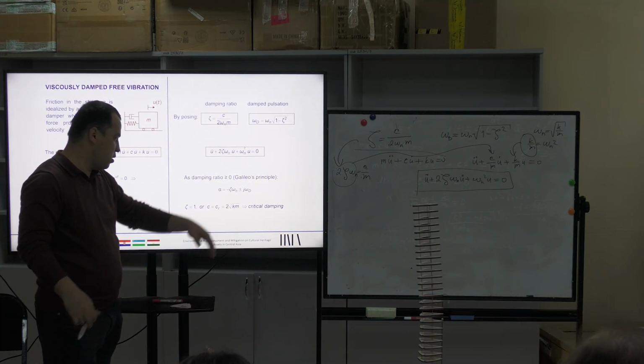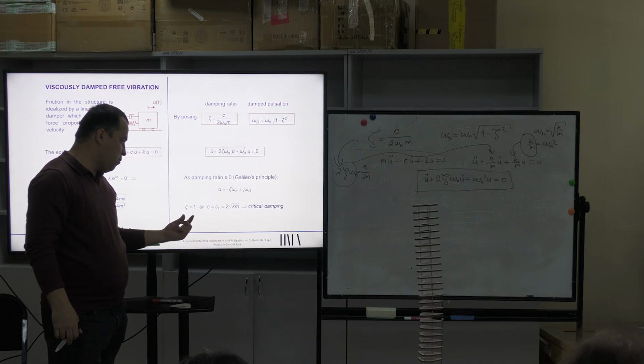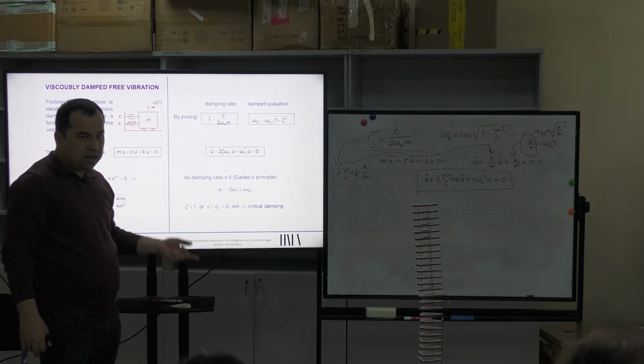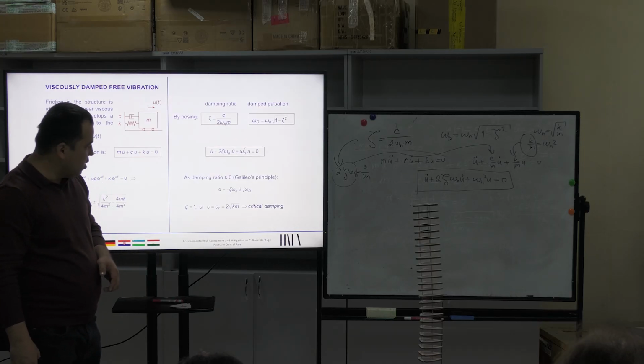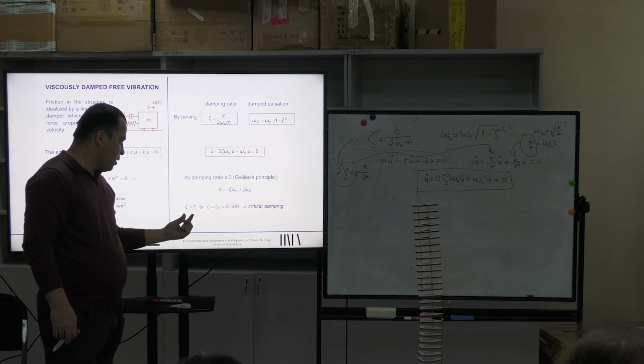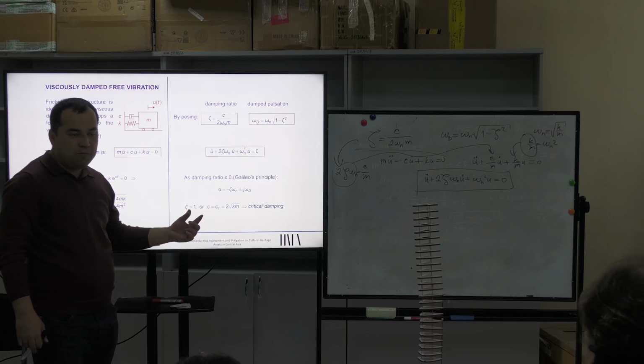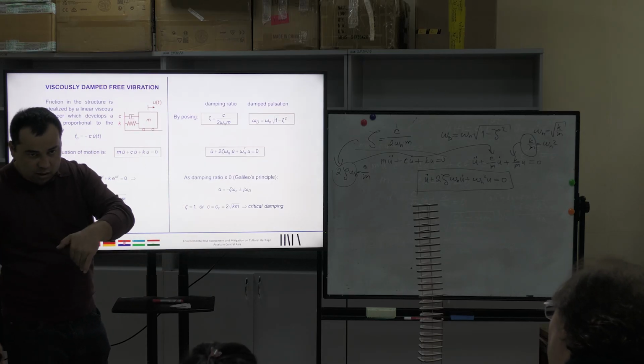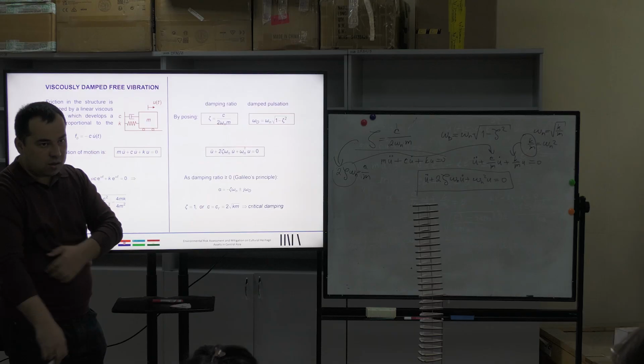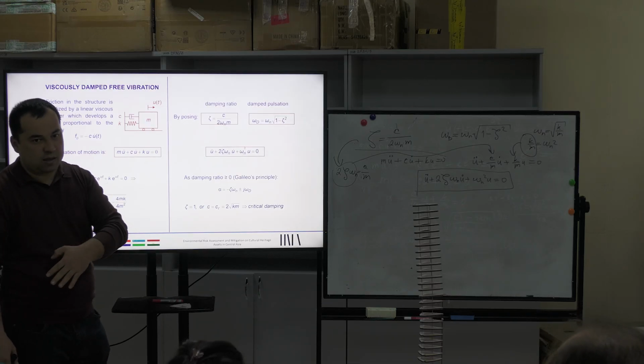And we will see some critical damping conditions, and some over-damping and under-damping conditions. If zeta is equal to 1, we are in critical damping. Critical damping means the maximum damping. Do you understand? We can remove everything suddenly.